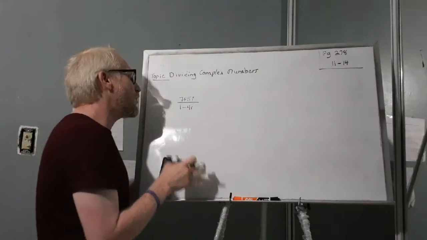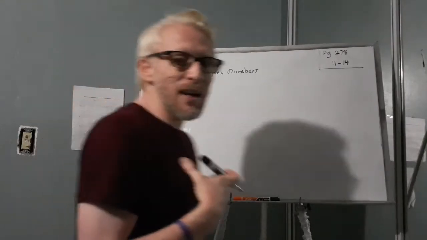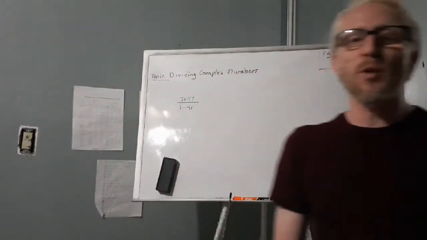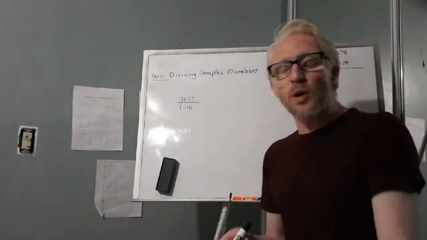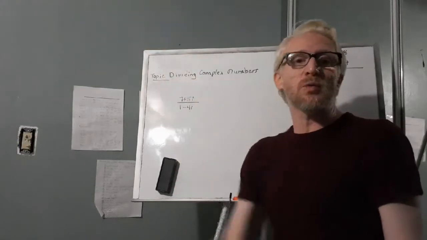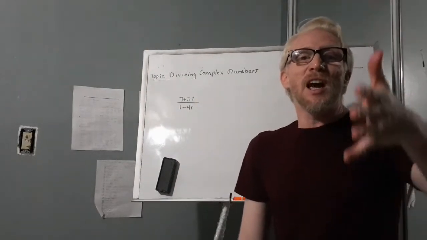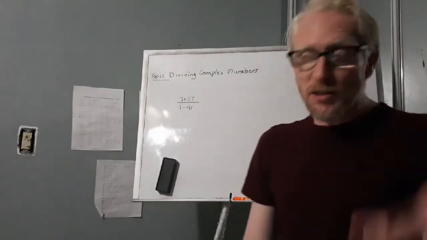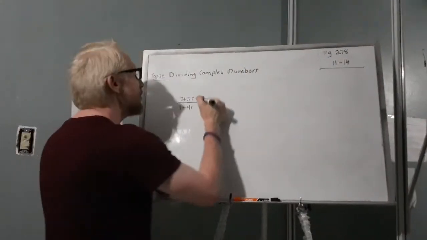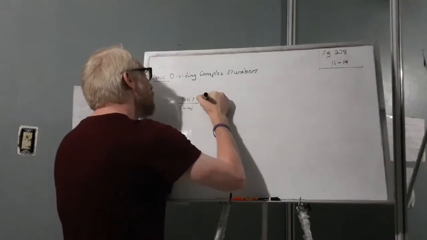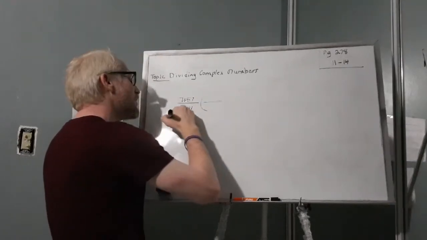So how do I solve this? What am I supposed to do? Well, it's like rationalizing the denominator. Remember when you had something like 1 minus the square root of 3 and you turned that into 1 plus the square root of 3? It's the same thing. For those of you that have no idea what I mean, this is what I mean. If this is my denominator, I'm going to rationalize it, and I'm going to multiply everything by the opposite of this denominator.